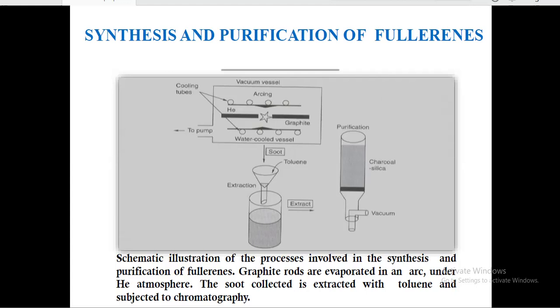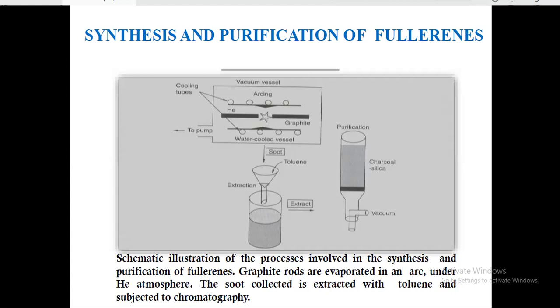What happens is the ion is detected, and also the graphite is evaporating. When the graphite is evaporated in an arc, in the helium atmosphere a lot of temperature is there. So the soot is collected and extracted in toluene. As I've told, when C60 is used with common solvents like benzene or toluene, it dissolves, and when the solution is filtered, the red colored substance remains.